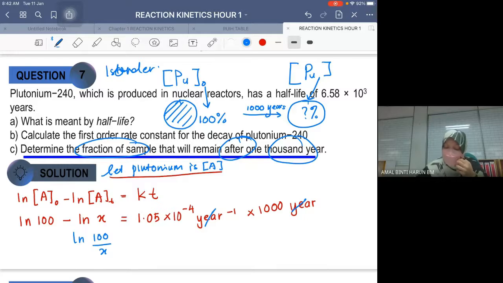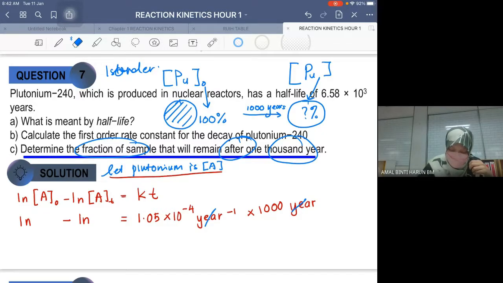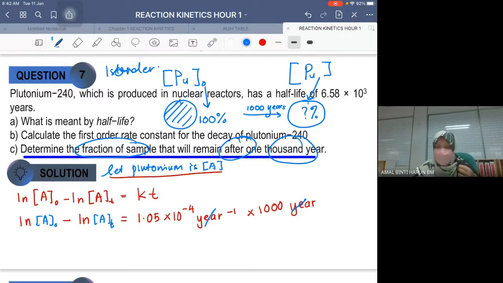Dia nak cari fraction kan? Dia rasa kita kena cuba buat macam ni dulu. So yang ni ln A initial per ln A time.